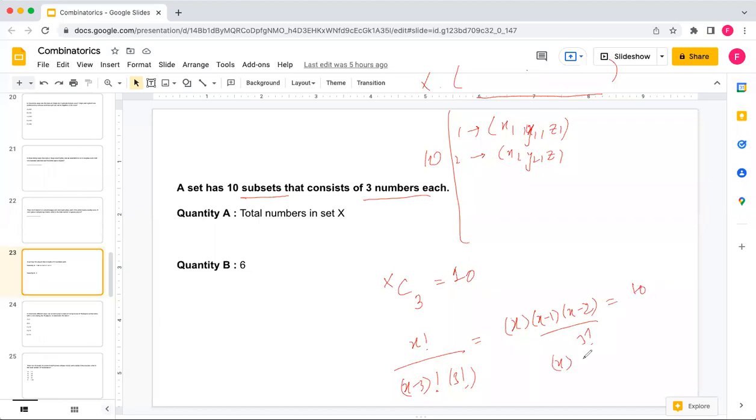So x into (x minus 1) into (x minus 2) is 60. And if you prime factorize, this will be 5 into 4 into 3. I just equate this: this is 5, this is 4, and this is 3. That's why x is equal to 5, and quantity B is the answer.